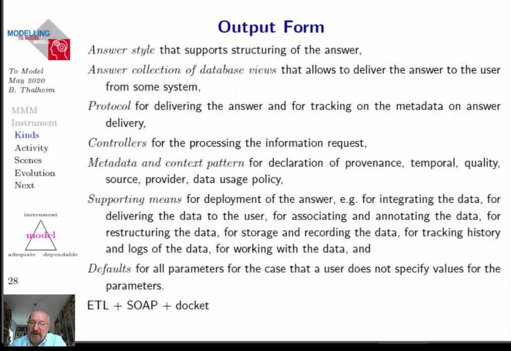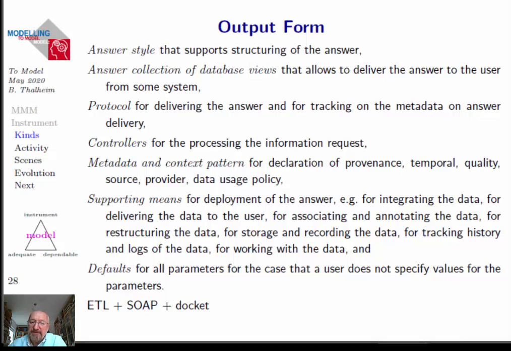The output form is now the other side. Having some kind of question form, of course we want to have some output, some search result. That means in this case we have a B model based on what we are searching for and what will be the result.